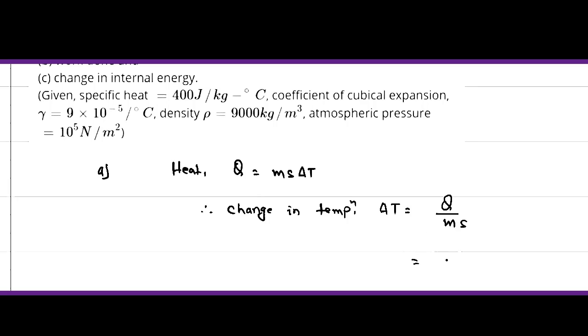Now we put the values: 20,000 joule divided by mass 1 kg and the specific heat, which is given here as 400 joule per kg per degree Celsius. So this is divided by 400, and we get 50 degrees Celsius. So the change in temperature is equal to 50 degrees Celsius. Now second, we have to find the work done.